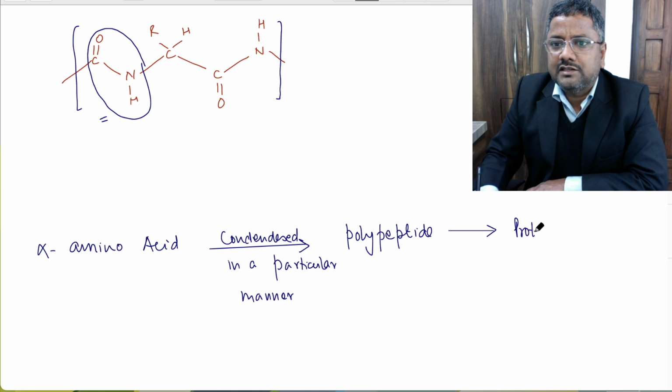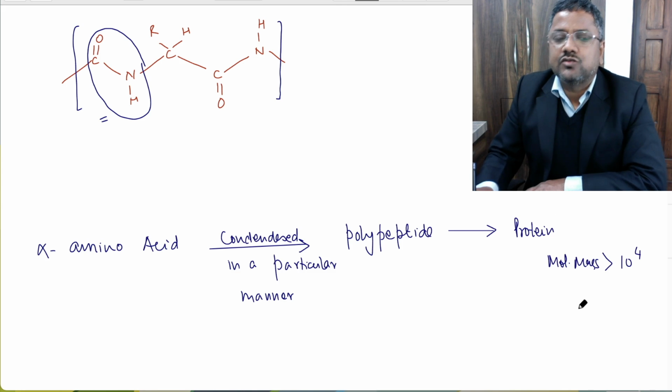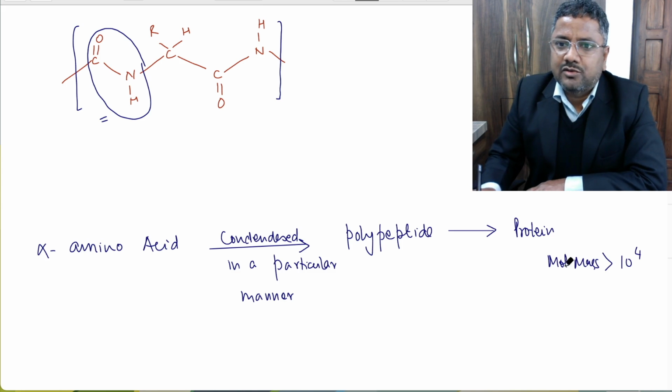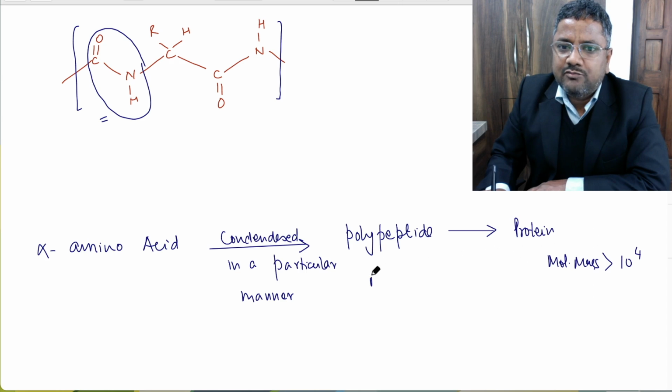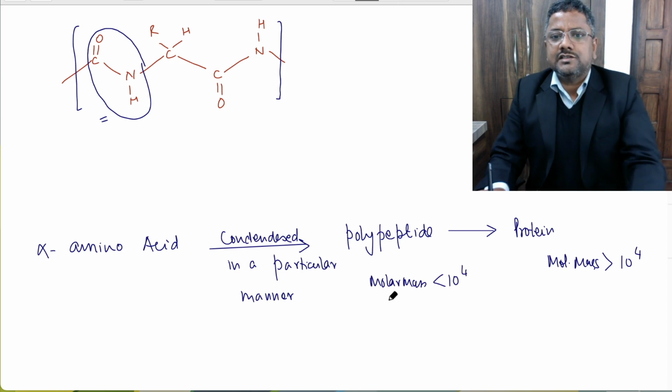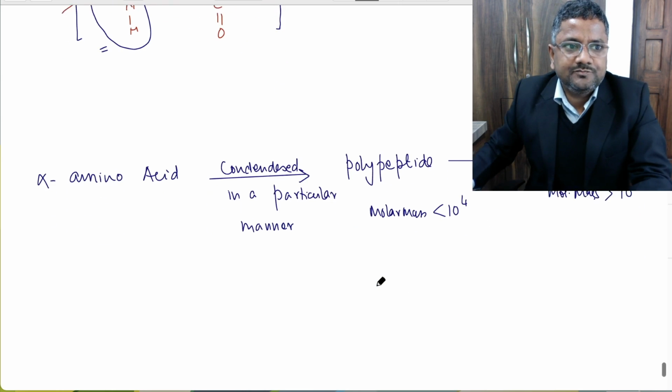This classification is based on molecular mass. If the molar mass is more than 10 to the power 4, then it is protein, and if it is less than 10 to the power 4, it is polypeptide, right?